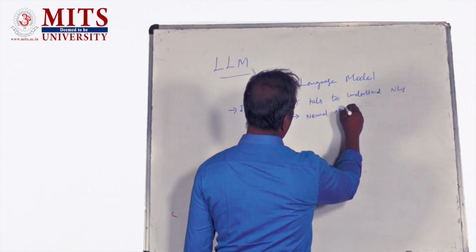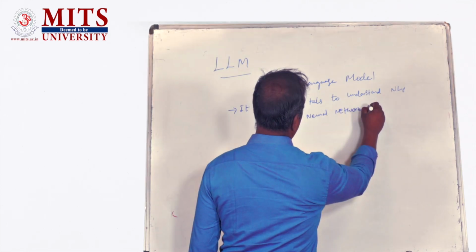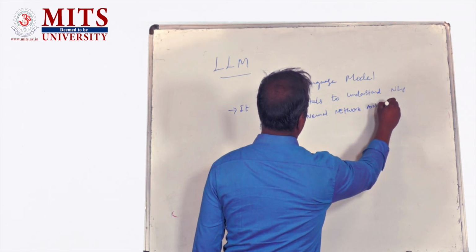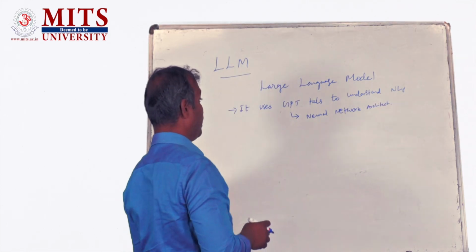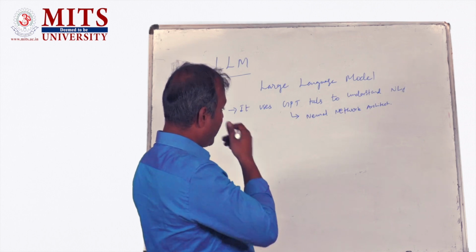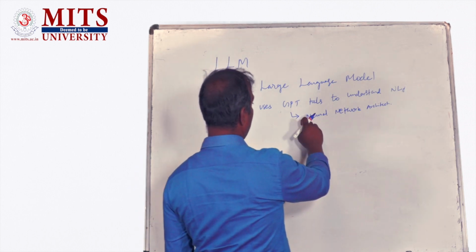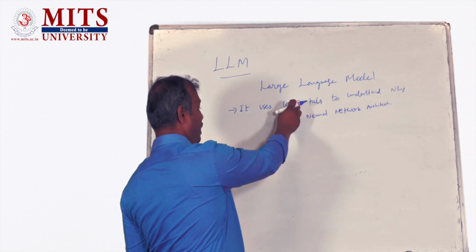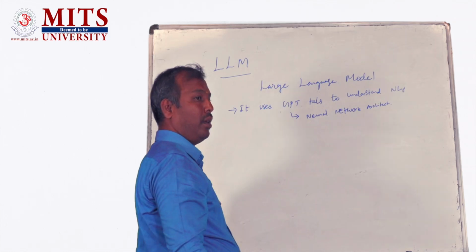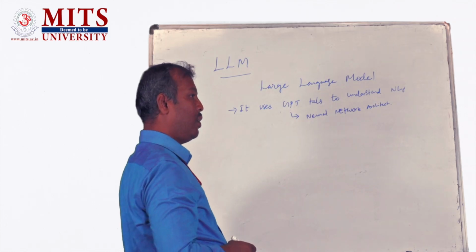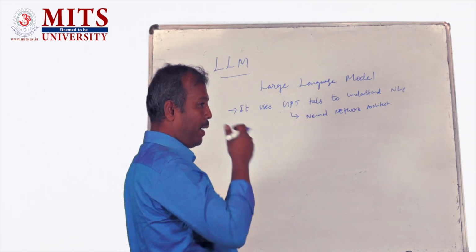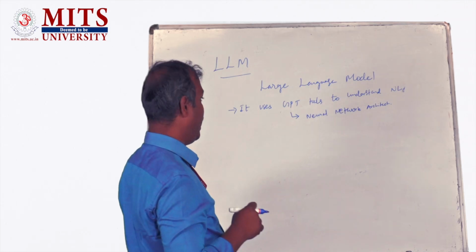What is the difference between neural network and recurrent neural network? Sometimes we call it a deep neural network also. GPT uses deep neural network architecture to understand and identify patterns inside massive data sets.